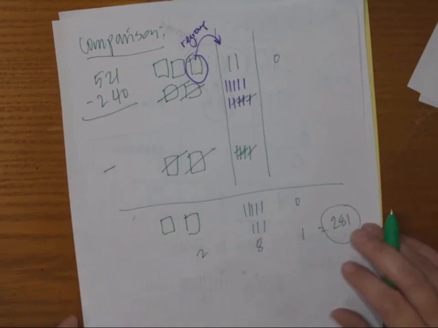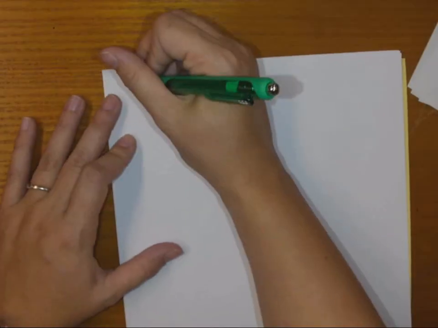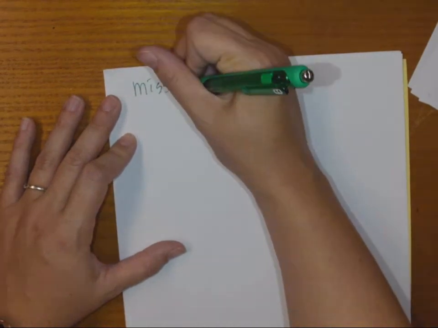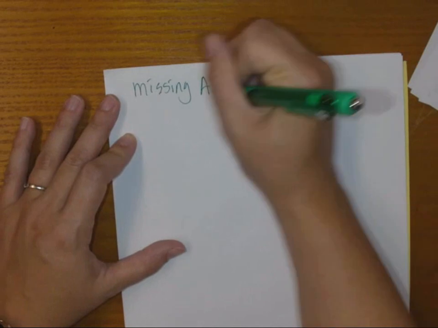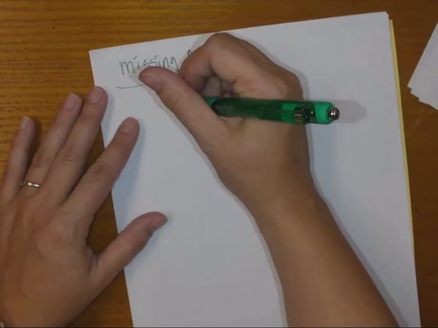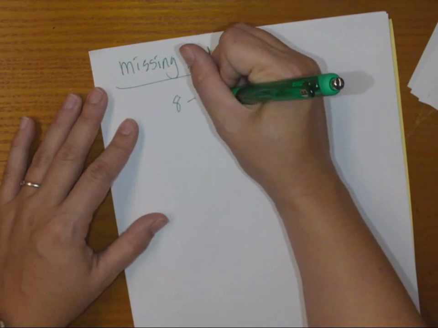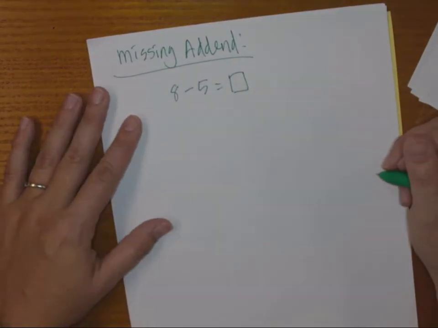One last strategy is the missing add-in strategy. The missing add-in is taking subtraction and turning it into addition so that you can think about it as an addition problem instead of subtraction. Okay, so for example, let's start off if I did 8 minus 5. I'm trying to figure out what that is. I could change that problem around.